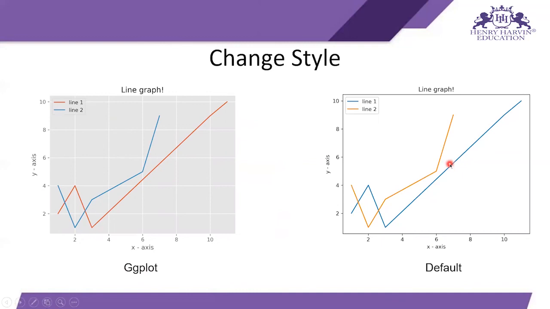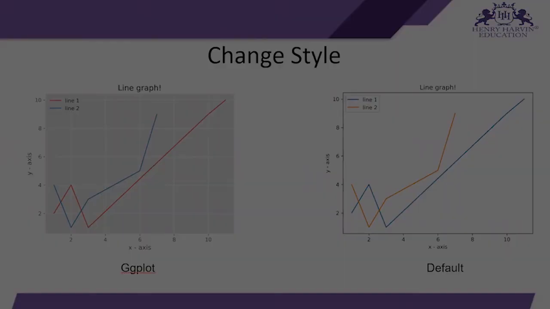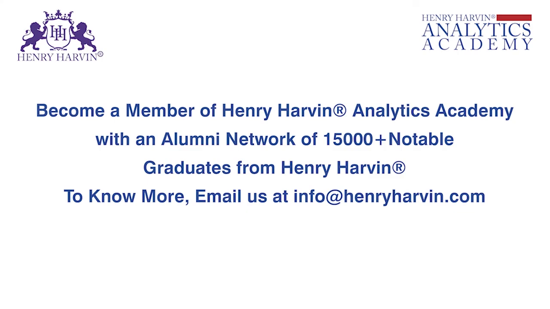I'll also show you the different plots, but at this time you can see ggplot is there, and in the coding session I'm going to tell you the other styles for matplotlib plots also. So this is for changing style, and that's all for the theoretical session.